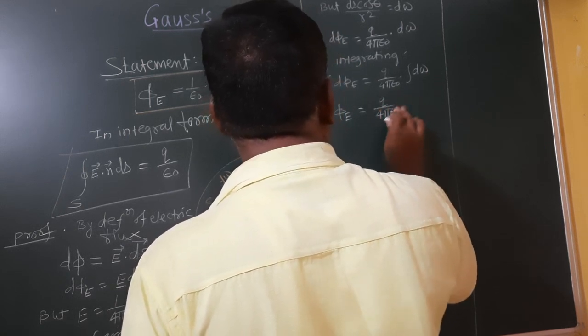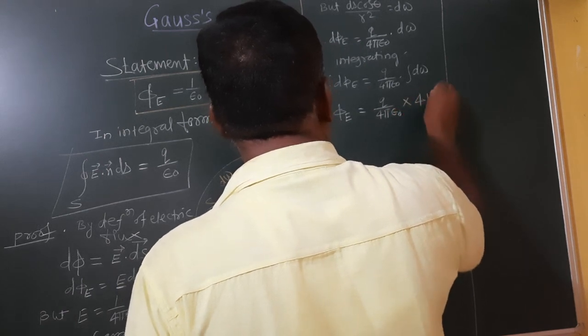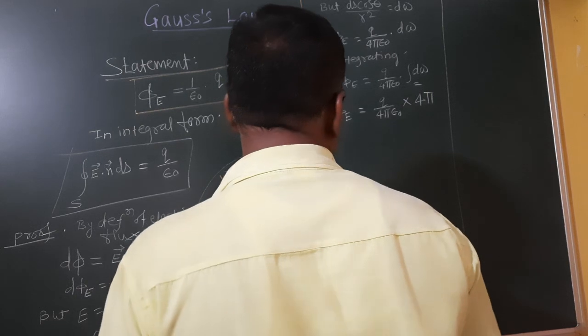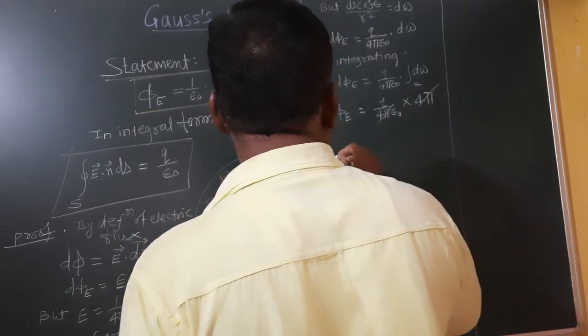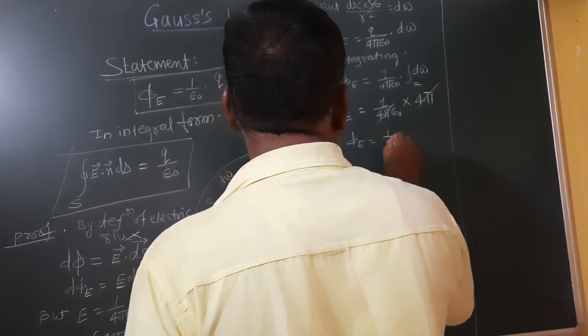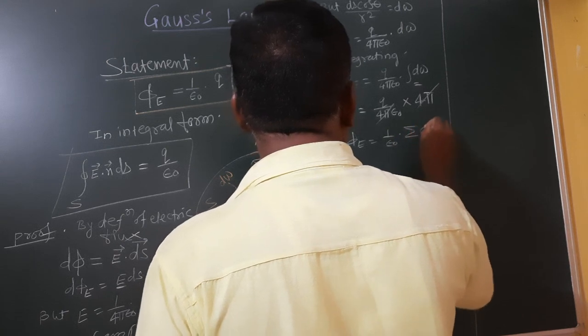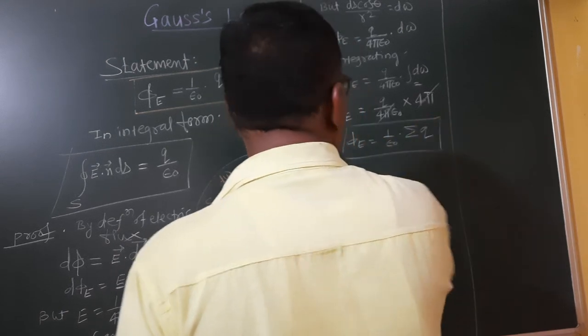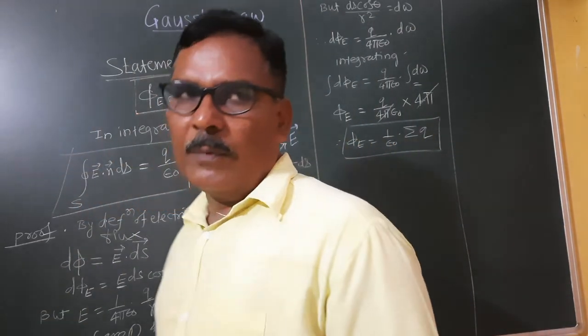The 4 pi cancels with the 4 pi, so we get phi equals 1 upon epsilon 0 times the net charge, denoted by Q, and this is the statement of Gauss law, proof of Gauss law.